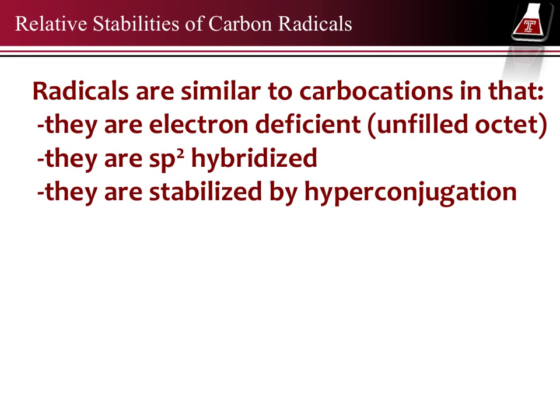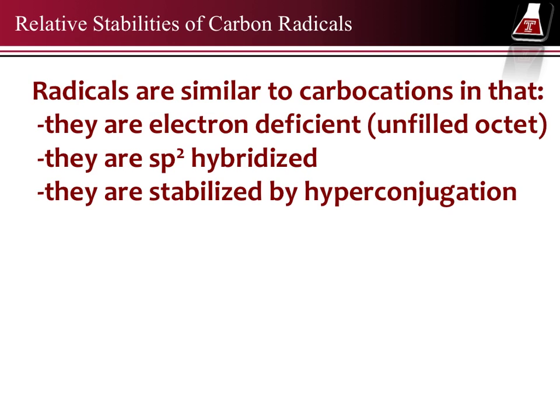They are stabilized by hyperconjugation just the way carbocations are. Hopefully that comes as no surprise because hyperconjugation has to do with that sort of fleeting electron orbital overlap as you rotate about bonds on carbons that are substituted on the carbon that has the radical or the carbocation.